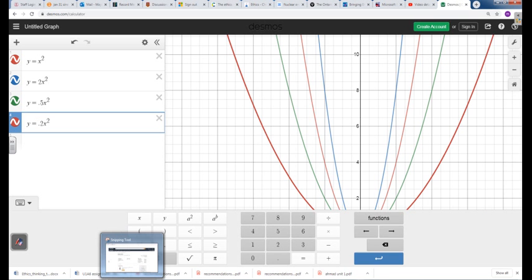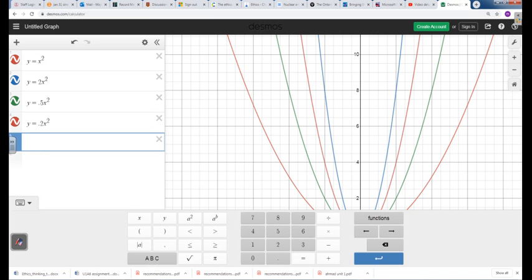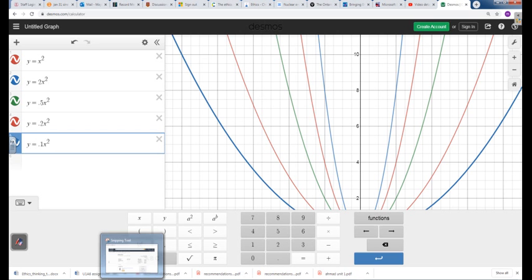Even wider, right? So if the number is greater than 1, what's happening? It's narrower. And if the number is between 0 and 1, what's happening? It's wider.